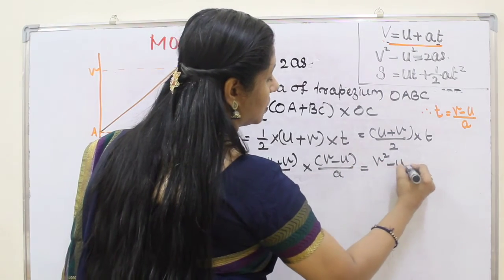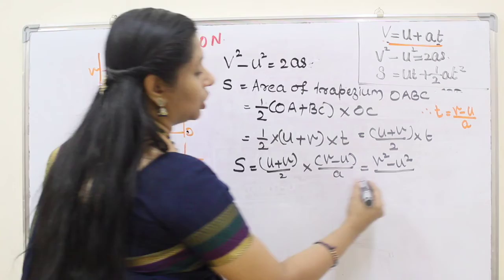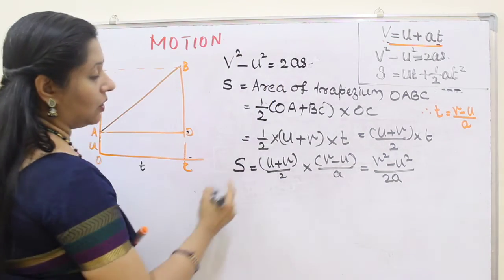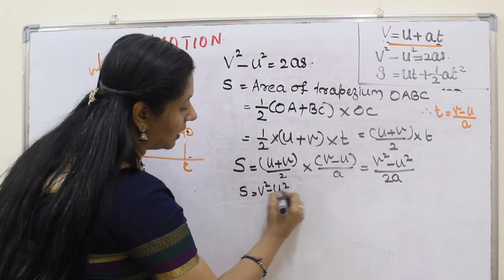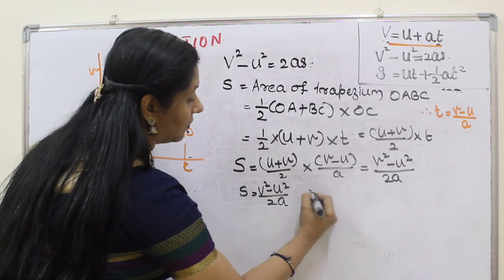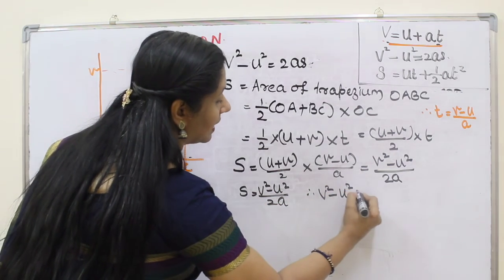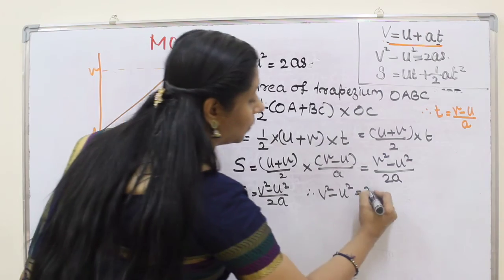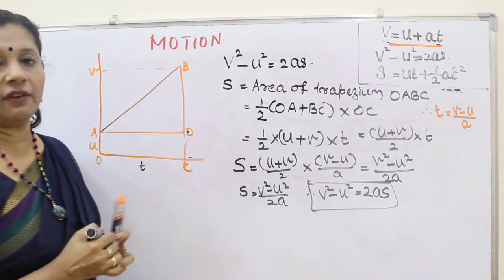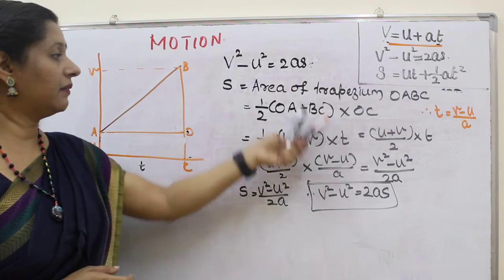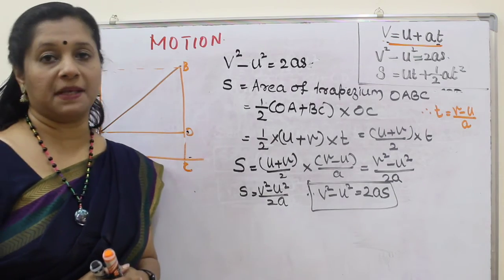V square minus U square by 2A. So when you cross multiply, S is equal to V square minus U square by 2A. Therefore, V square minus U square can be written as 2AS. This is our third equation of motion, which we derived from the area of the trapezium.